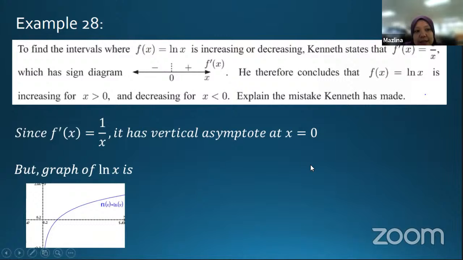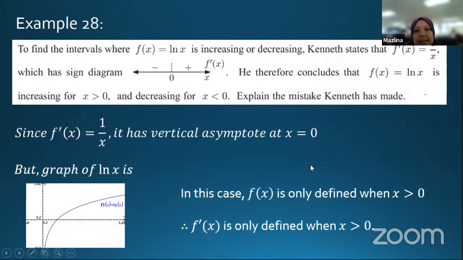Okay, all right. In this case, fx is only defined when x is greater than 0. Ini yang Jimah kata tadi. Our fx is actually ln x kan? Okay, so fx is only defined when x is greater than 0. So f prime x is only defined also when x is greater than 0.